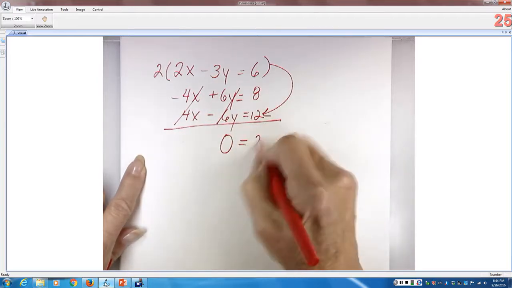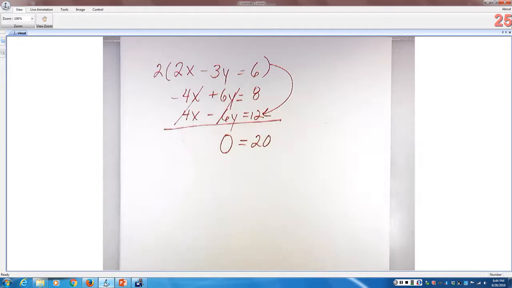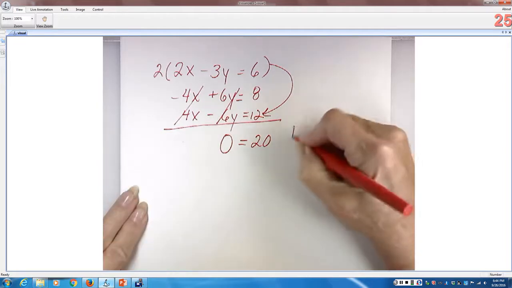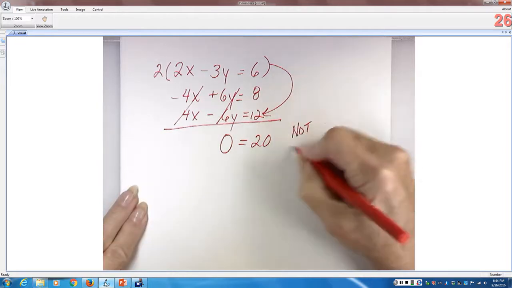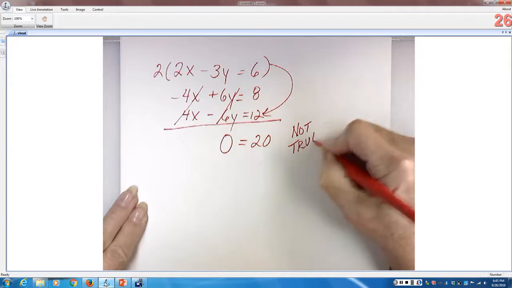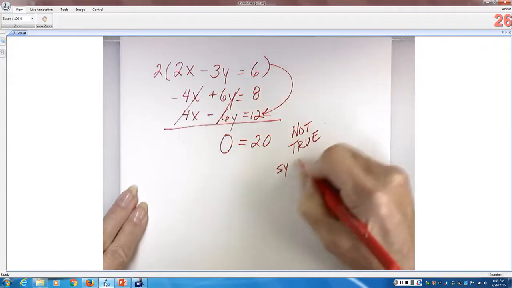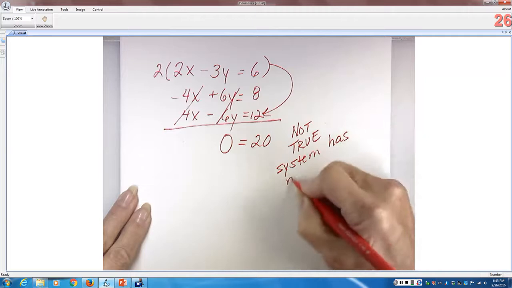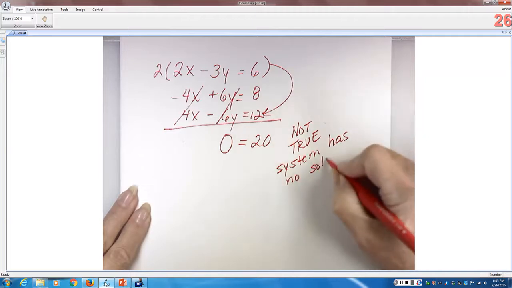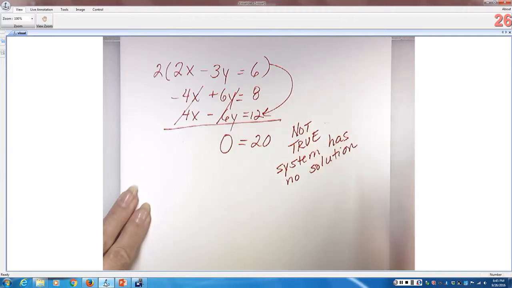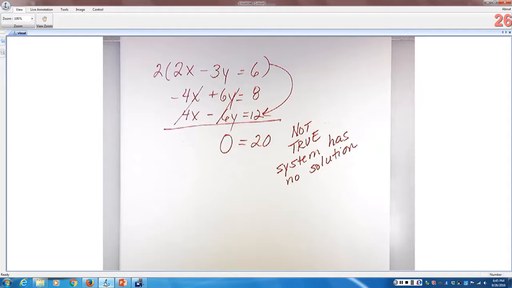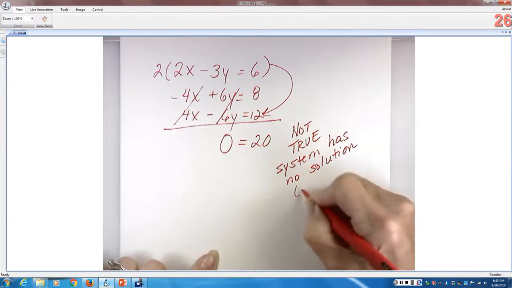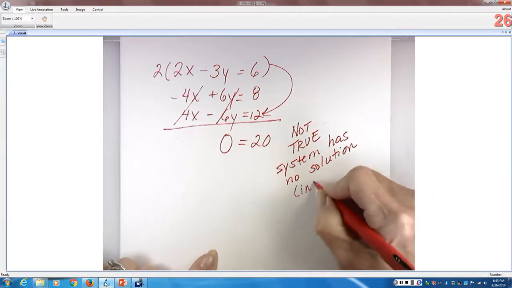But 0 sure doesn't equal 20. That one has no solution, and it's also referred to again as inconsistent.